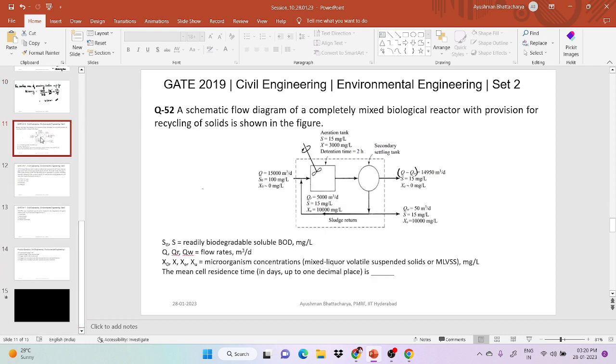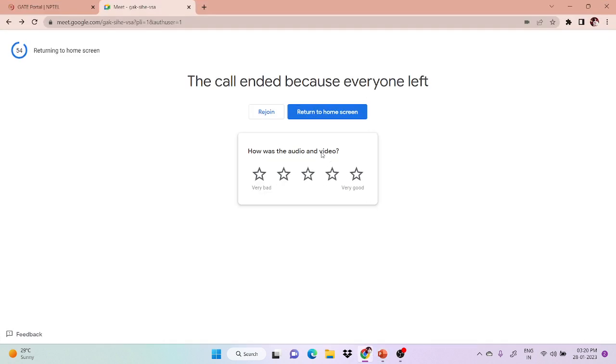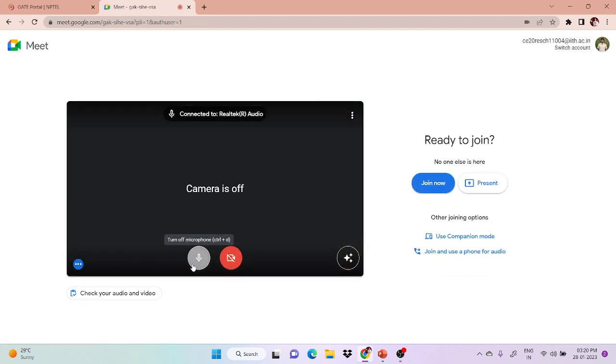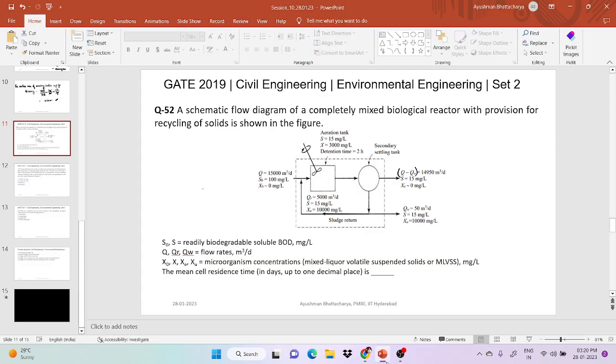Now coming to the third question. The third question says a schematic flow diagram of a completely mixed biological reactor with provision for recycling of sludge is shown in the figure. Okay, so this schematic they have mentioned in the figure.